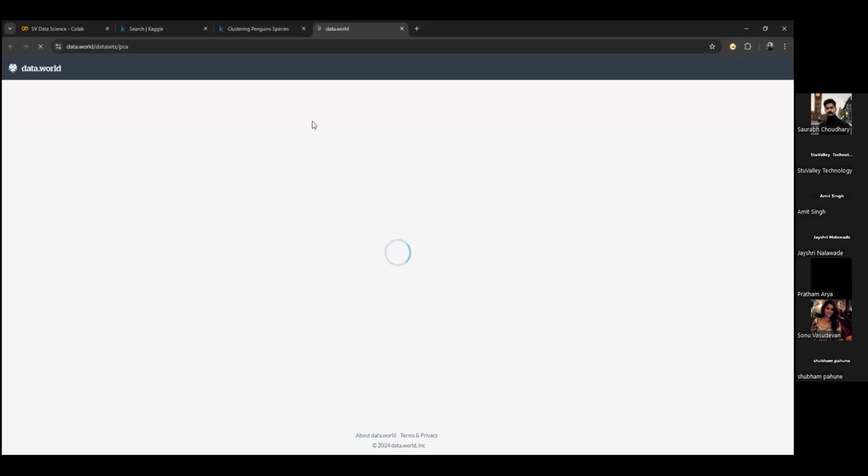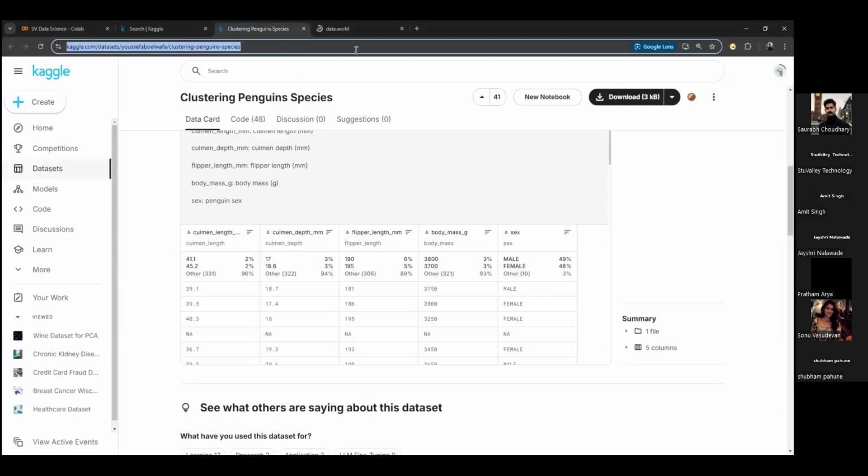Nikhil gave us this. This is data world, with all the data for PCA. Okay, penguin, I'm giving you. You can even try the penguin data. I think this will also be very easy for you right now.